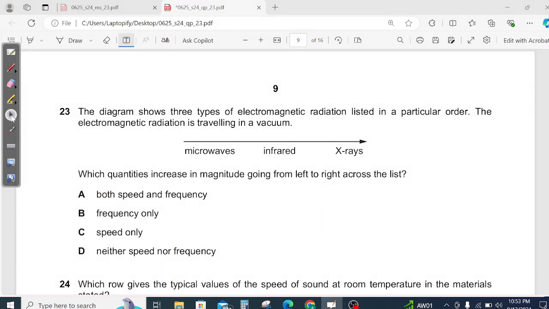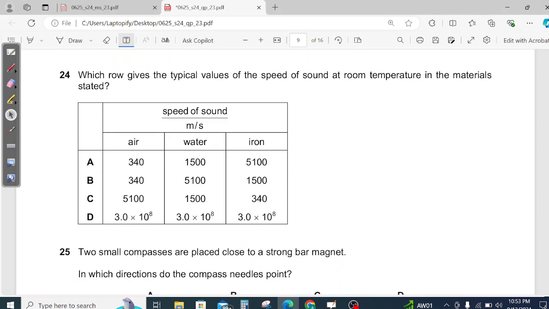Look at question number 24. Which row gives the typical value of the speed of sound at room temperature in each material state? So you have to find out the speed of sound in different materials.